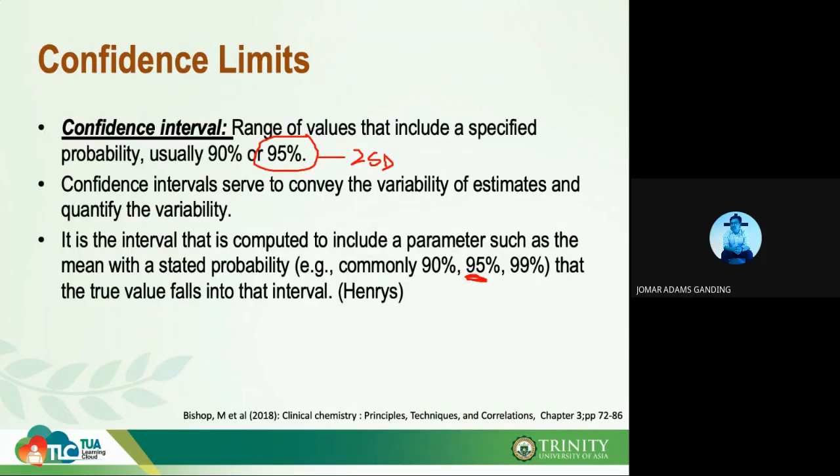It gives us that 95% assurance na when you measure a particular analyte, or a particular test inside the laboratory, the result that you got, if it is within the reference limit, we can say that we are 95% confident that the patient is really healthy.